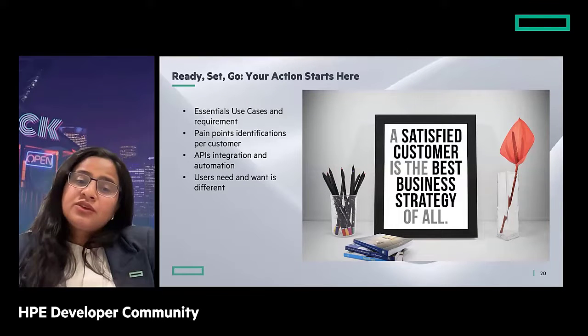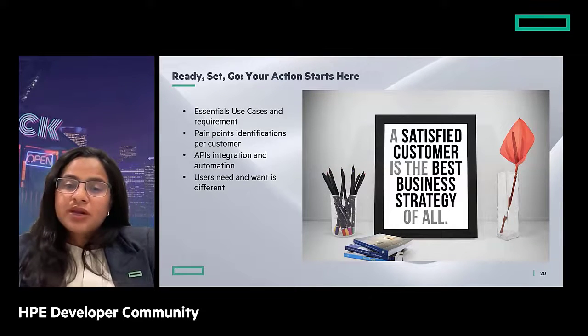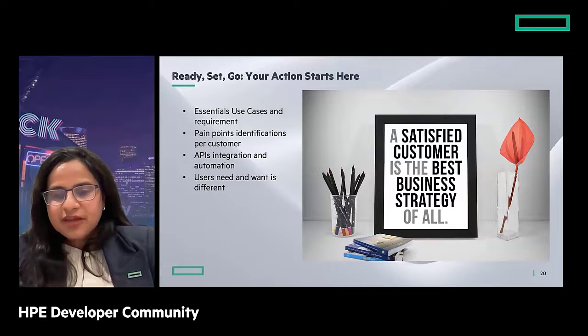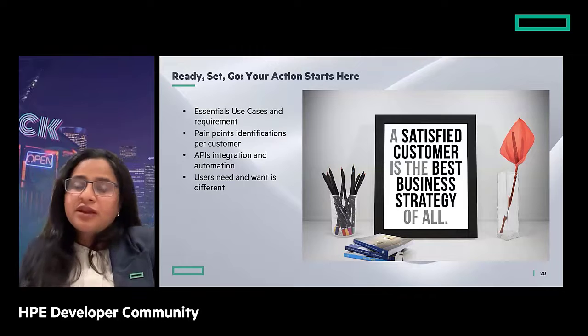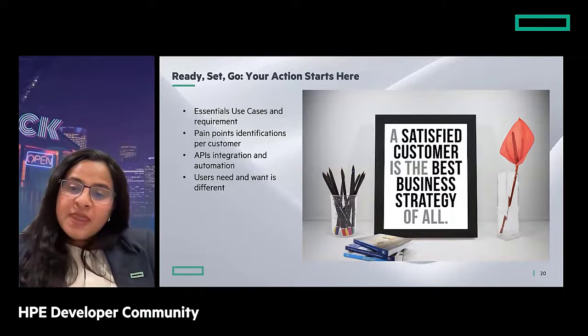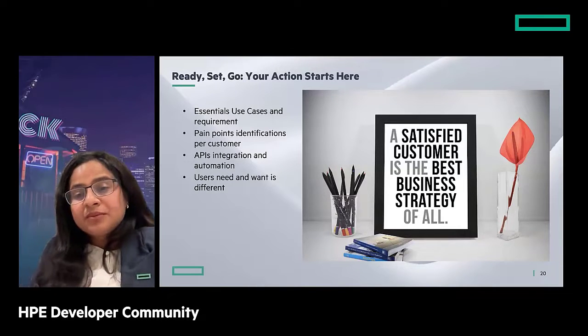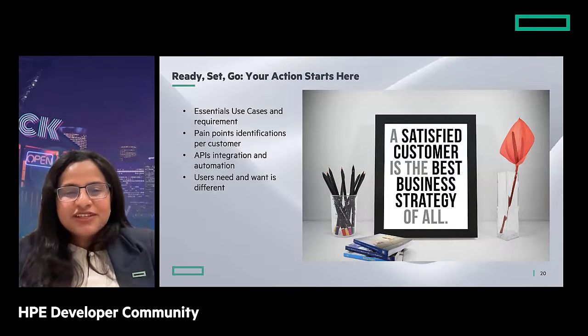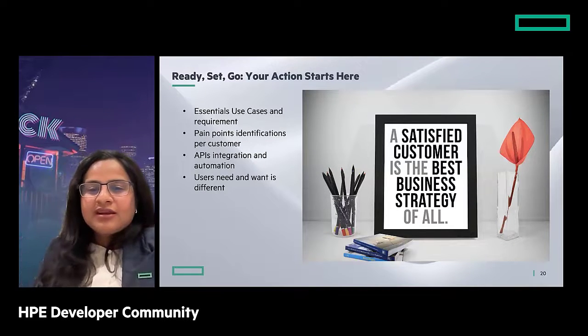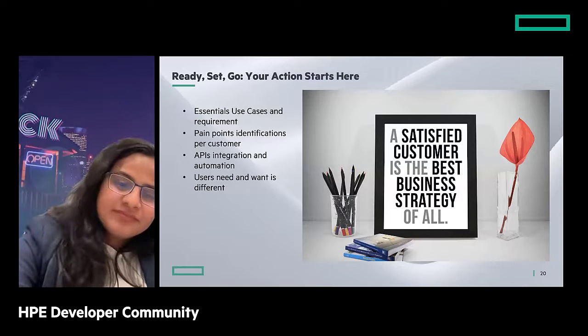The need of the user was a simple UI, but the want was to just touch your phone and perform the payment. That's how innovations come across. And since we are part of the developer community, we have all the potential to integrate, automate, and come up with new ideas here.